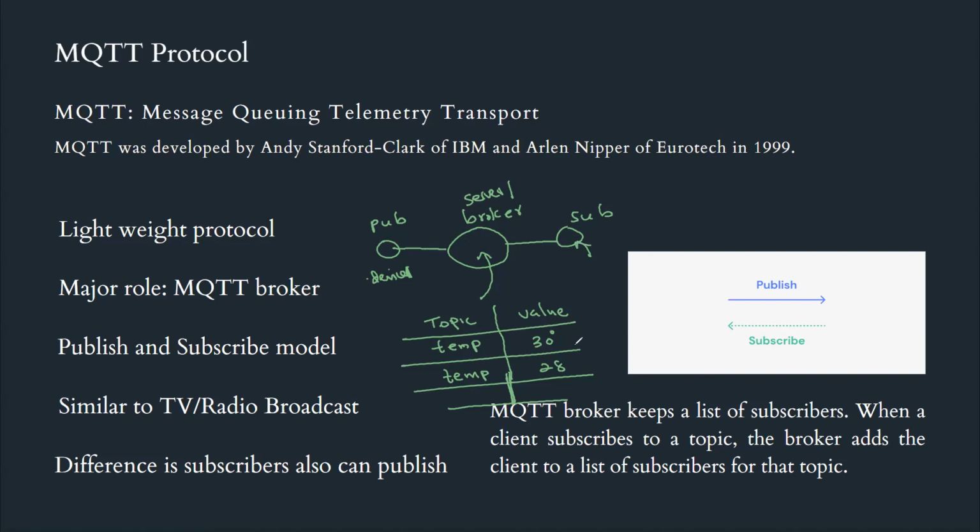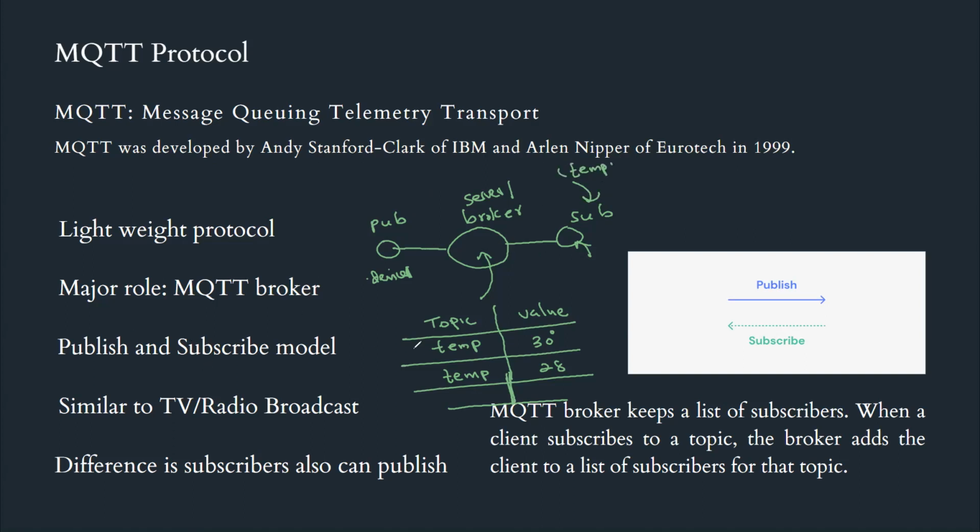Depending on the request time, the broker will send the necessary or required information to the subscriber. So the subscriber is able to get the temperature data by subscribing to that temperature topic. The subscriber has to subscribe to the topic. The publisher has to publish to the topic. So the topic that is considered here is the temperature topic.